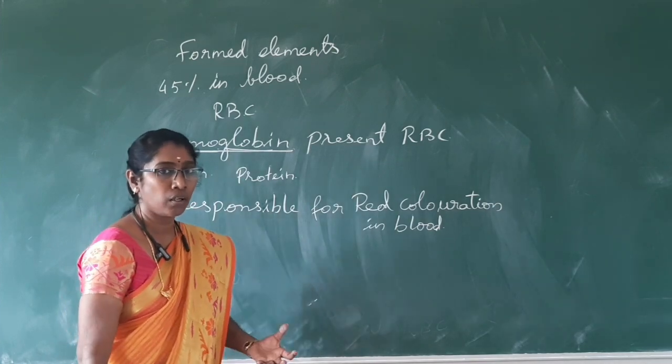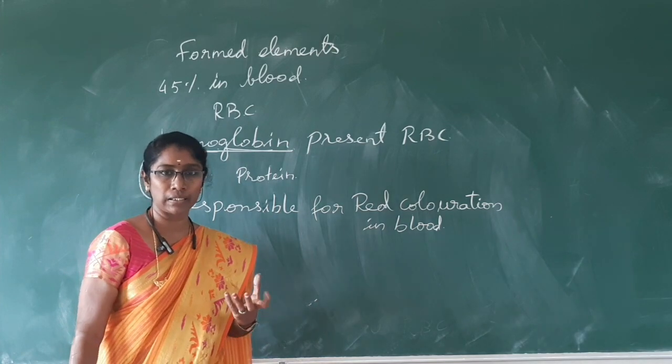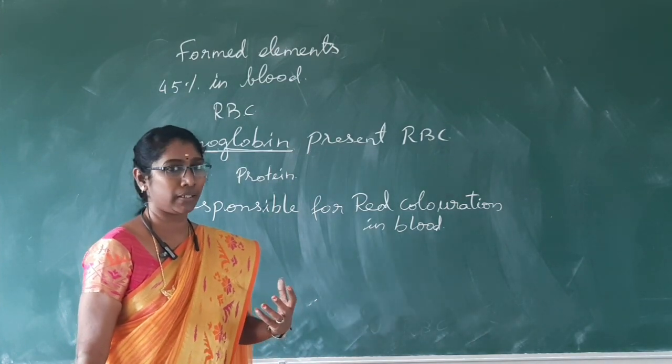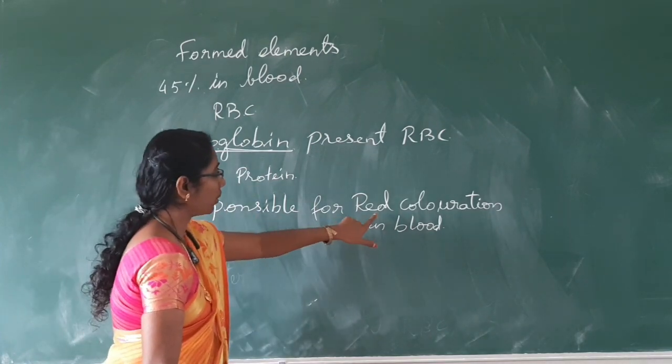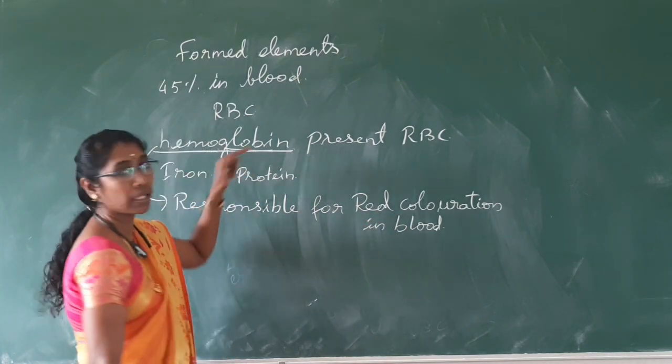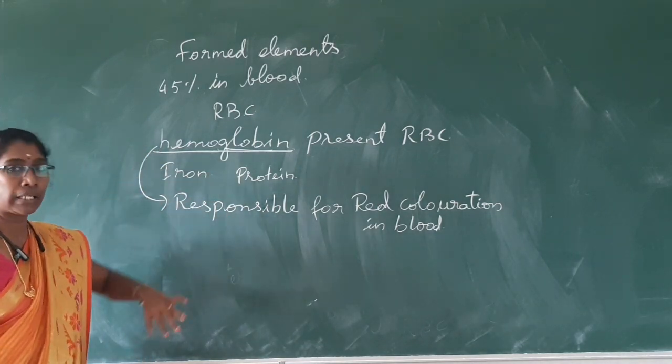You know that the octopus contains bluish blood. Cockroach contains white blood, it is colorless. So the red coloration is because of this hemoglobin. Apart from this, what is the work of this hemoglobin?